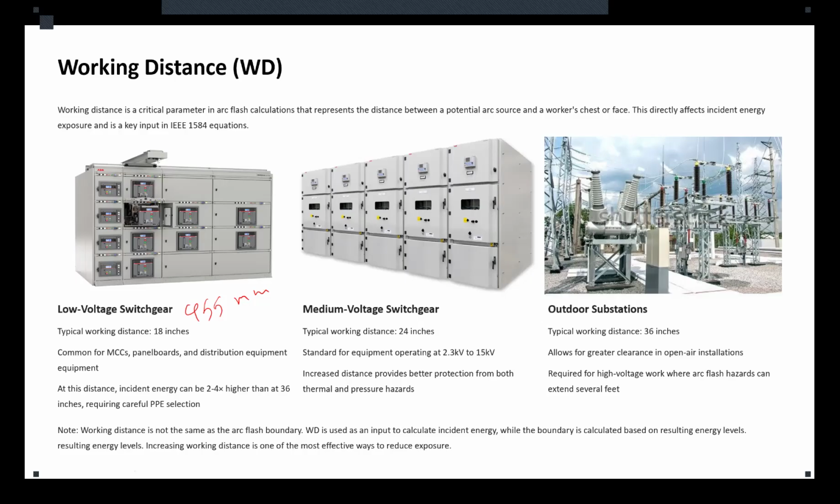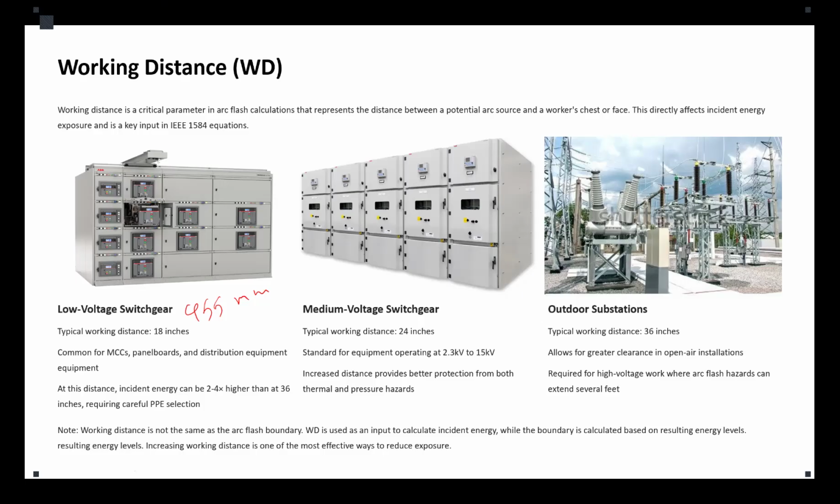At 18 inches, workers often interact with those equipment, with the breakers, terminals or energized bus bars. It could happen during testing or troubleshooting.